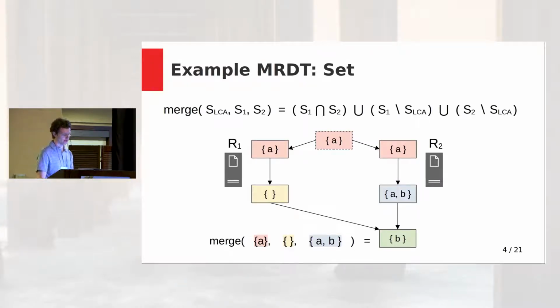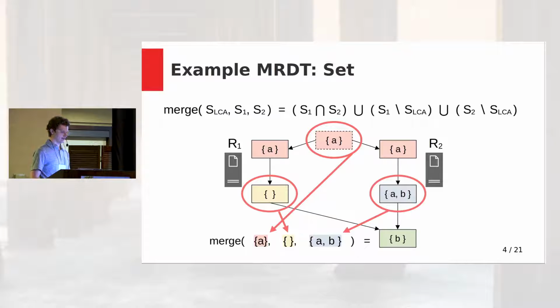Here we have a simple execution with two replicas, where we start with the set containing A, one of them removes A, and the second one adds B. Then the merge function takes a look at those states and compares them to the latest common ancestor, in this case the only common ancestor of the two, to see that the absence of A is new and the presence of B is new. Both of those carry over to the final state, and we get the set containing B.